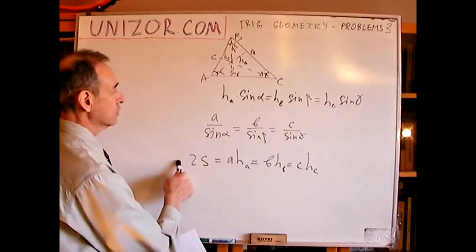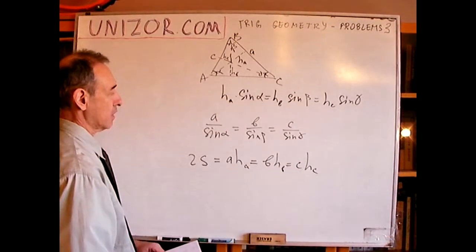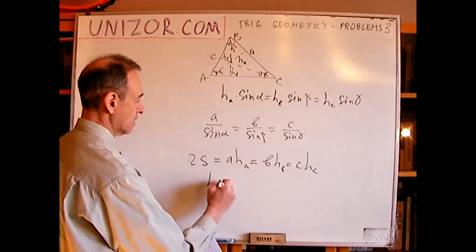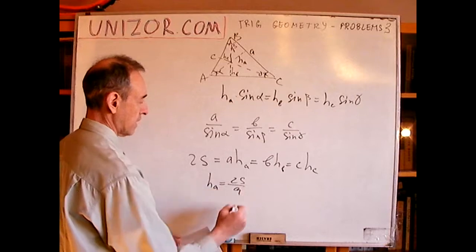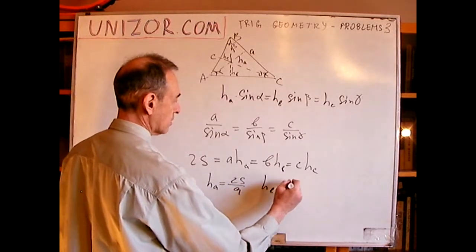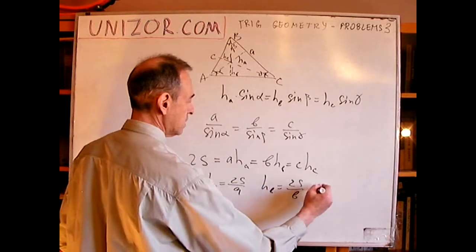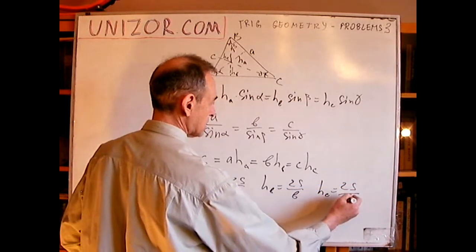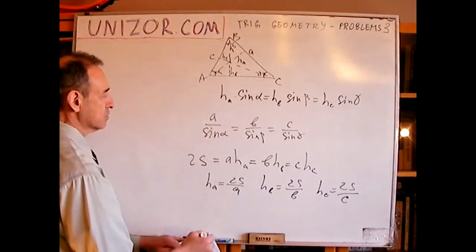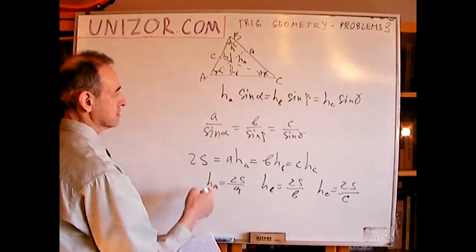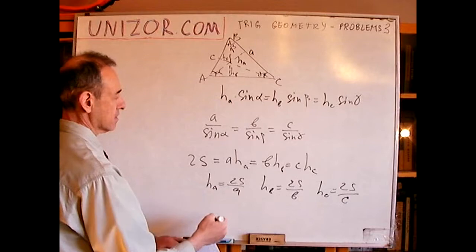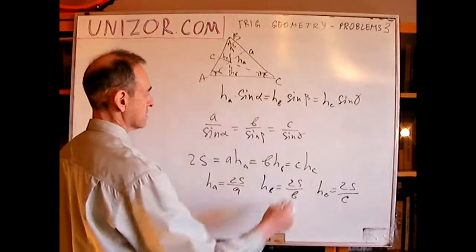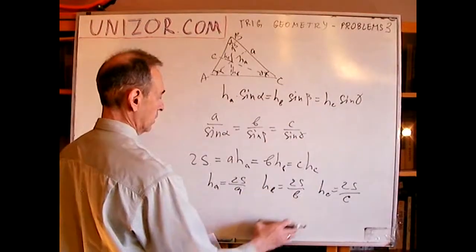Now, from these two, I can very easily derive this one. How? Well, for instance, HA equals 2S divided by A, HB is equal to 2S divided by B, and HC is equal to 2S divided by C. And if I substitute in this, I will have exactly the law of sines with the multiplier S everywhere, right?